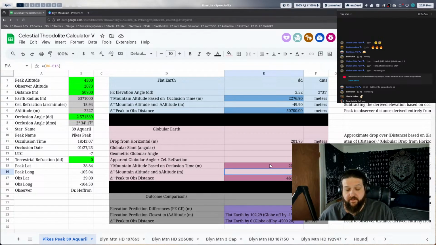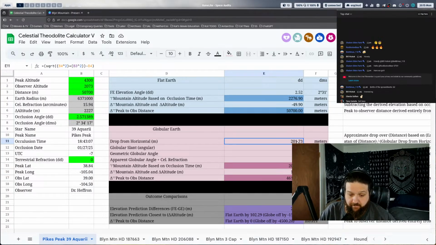And what you'll notice here, when we subtract these two, -49 and 152, we get what the globe would predict in drop in meters as their expected drop, which is crazy. So we've independently shown that the expected drop difference based off of occlusion timings is that the globe is off by exactly how much it predicts it should be on.